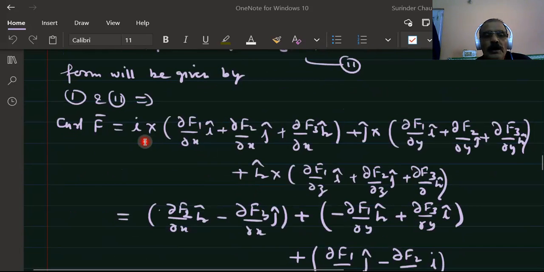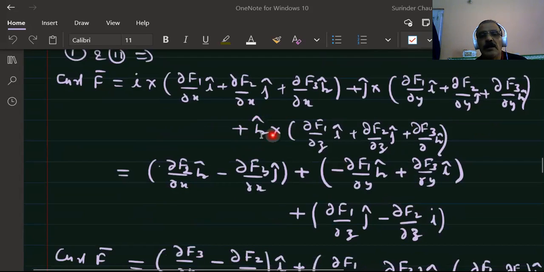Now we know that i cross i is equal to 0, i cross j is equal to k, and i cross k is equal to minus j. Similarly, j cross i is equal to minus k, j cross j is equal to 0, j cross k is equal to i. Similarly, k cross i is equal to j, k cross j is equal to minus i, and k cross k is equal to 0.